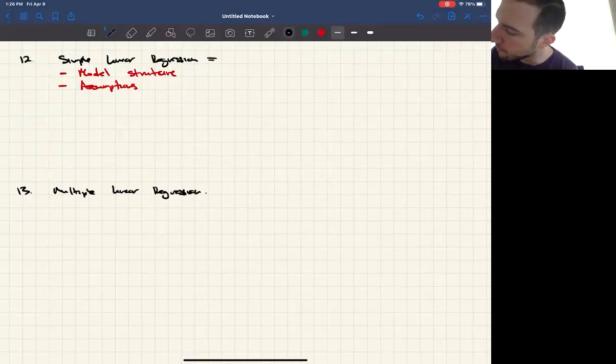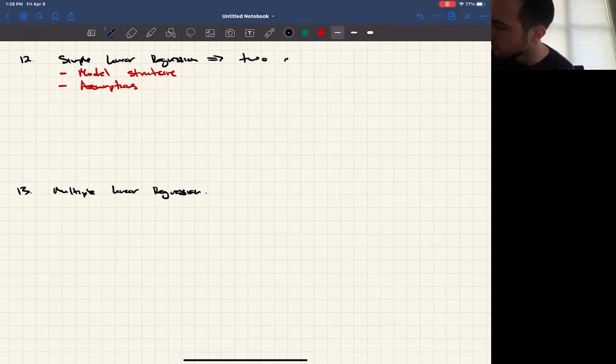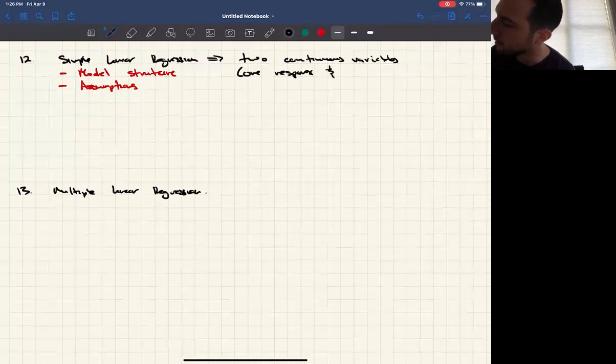Note that simple linear regression is only utilized when you have 2 continuous variables. Right, so you would have 1 response and 1 explanatory.